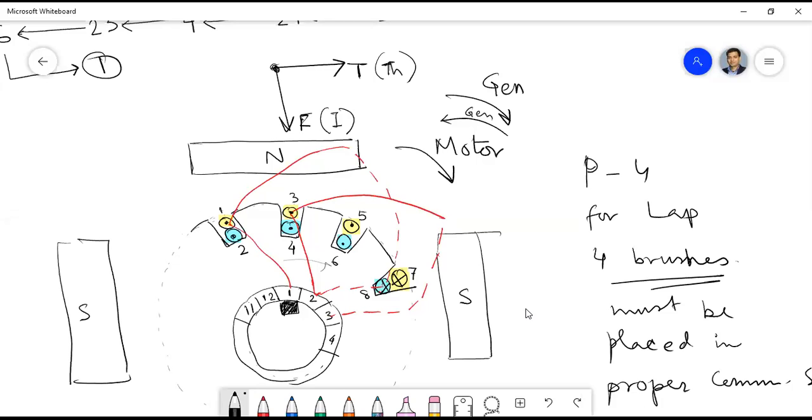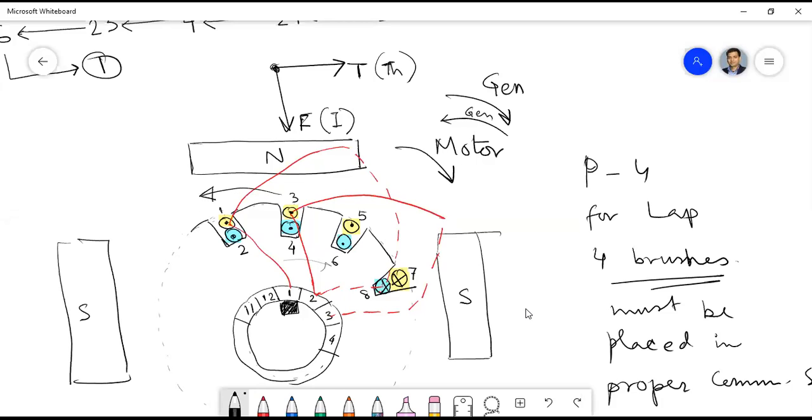Now it is the instantaneous position of the slot or coil sides. But this armature is rotating. Suppose this armature is rotating as a generator in this direction, or motor, I don't know in which direction I have taken. But suppose the armature is rotating in this direction.